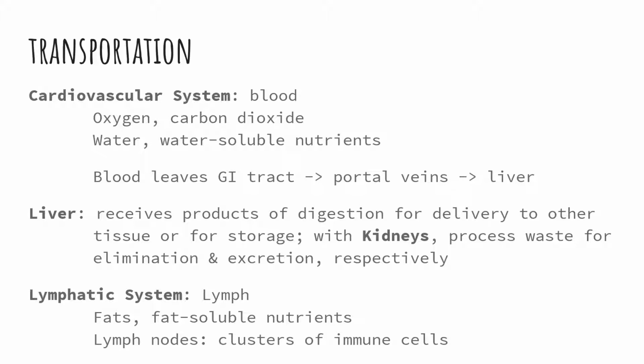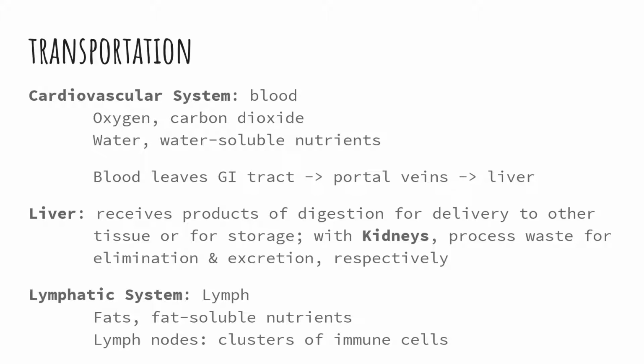And then transportation. So once we're into the bloodstream or the lymph system, we move things along to different sites of the body. So the cardiovascular system is our blood. Products of digestion that are transported via the cardiovascular system are oxygen, carbon dioxide, water, and water-soluble nutrients. Typically from the gastrointestinal tract, the capillaries will shuttle the contents of digestion to the portal vein, which delivers them then to the liver.